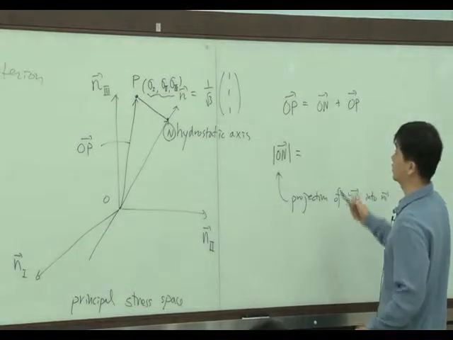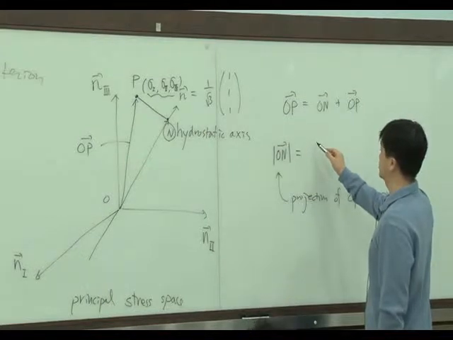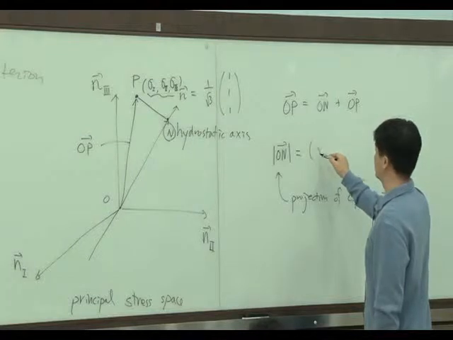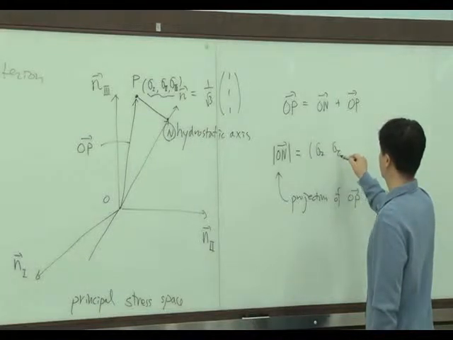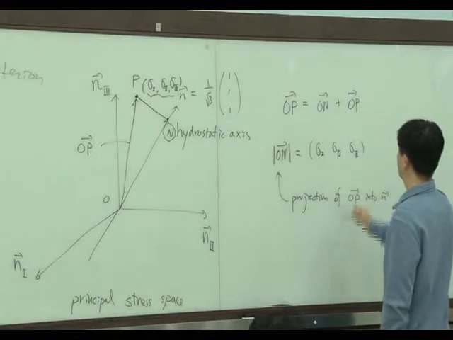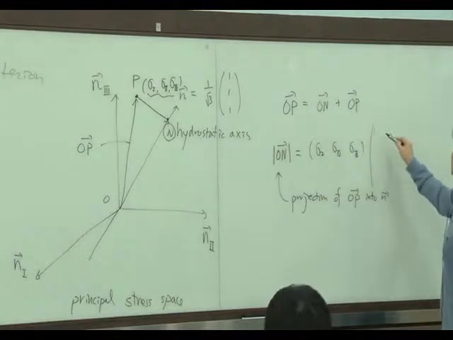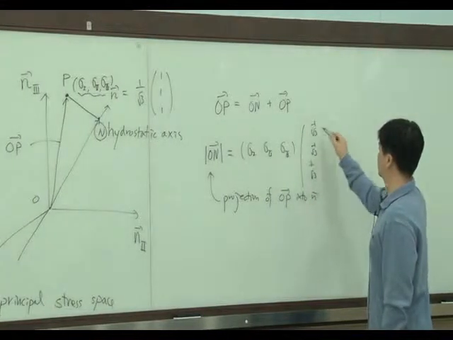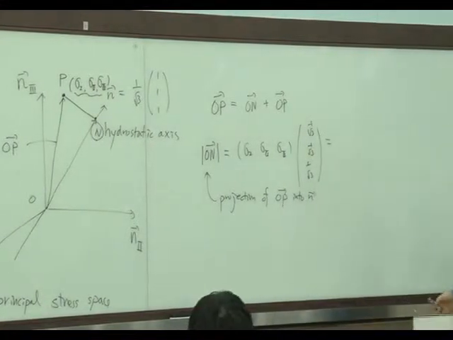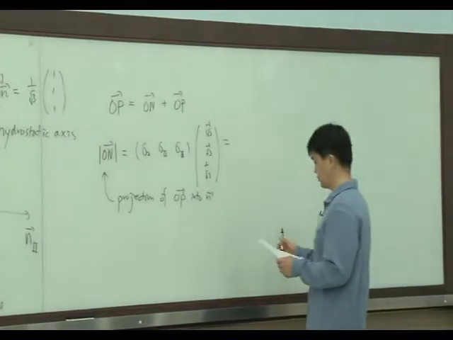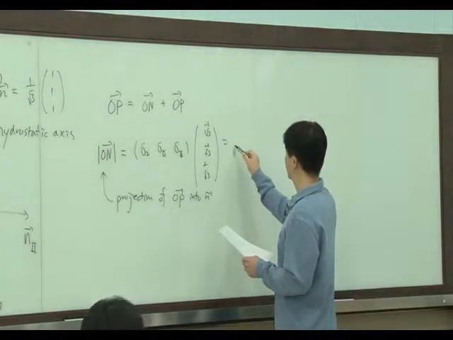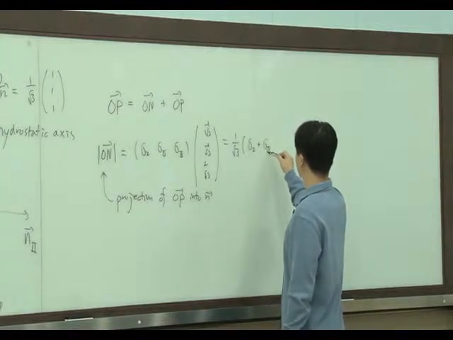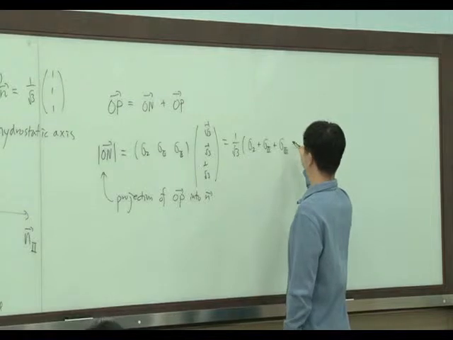So the calculation is simple. Sigma 1, sigma 2, sigma 3 dotted with 1, 1, 1 over root 3.